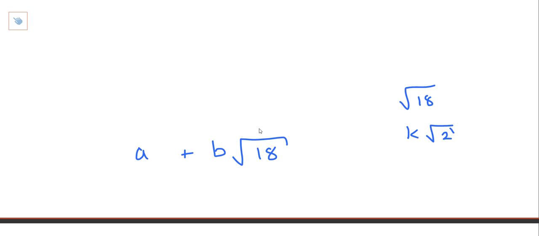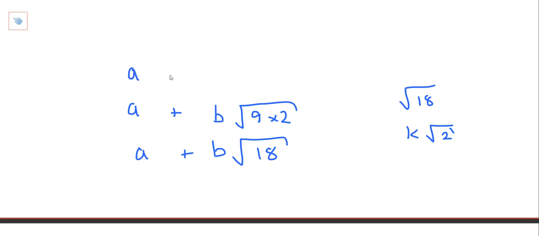So root 18, well, I know would be 9 times 2. Why 9 times 2? Because 2 is the one they told me they wanted, and 9 is the square number. Okay? So I've now got in the form a plus b, but 9 root 2. 9 times 2. Okay?